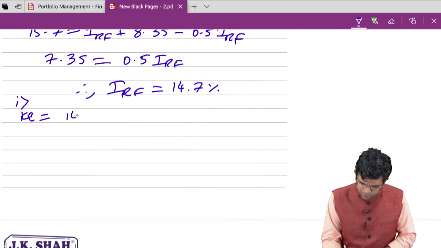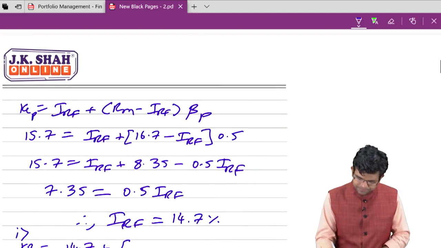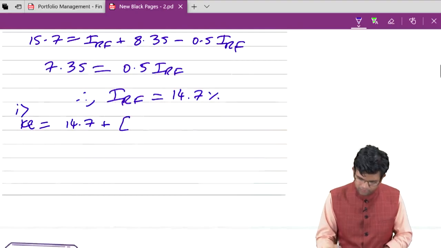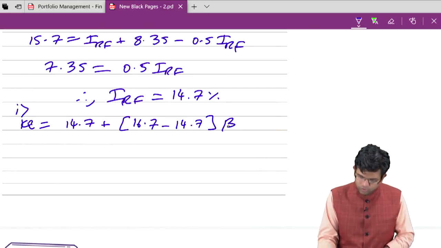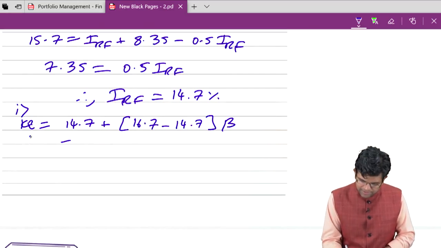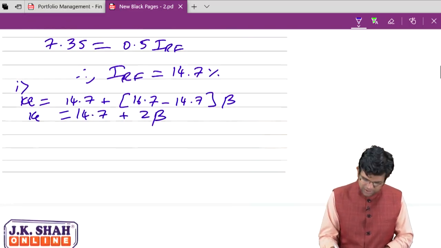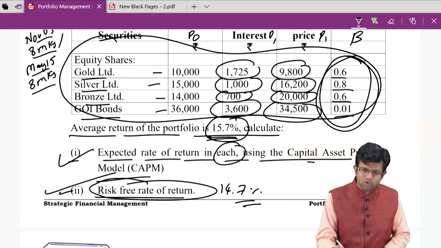My IRF is 14.7. My RM, students, is 16.7. So I'll write down now here 14.7 plus 16.7 minus 14.7 into beta, which means my KE is nothing but 14.7 plus 2 beta. Let's now calculate for each of the stocks: gold, silver, bronze and GOI bonds.